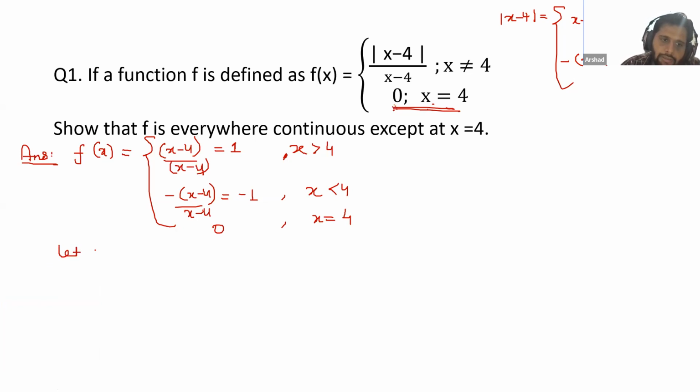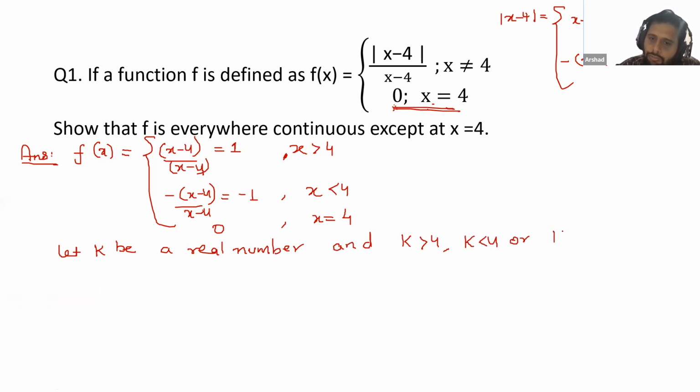Let k be a real number, and k is greater than 4, or k is less than 4, or k is equal to 4. So we have taken k a real number, and k can take a value greater than 4, less than 4, or equal to 4.